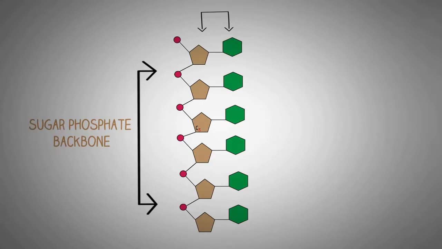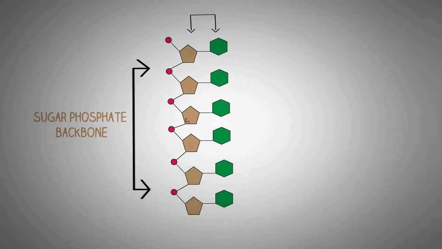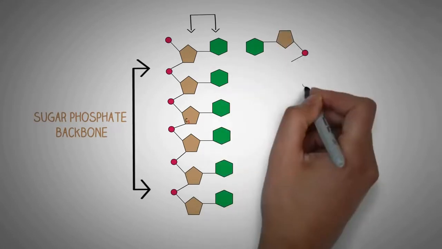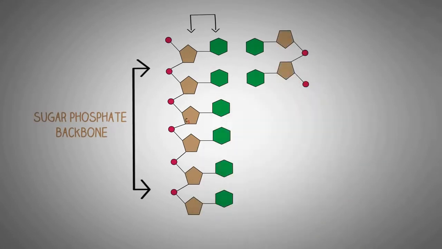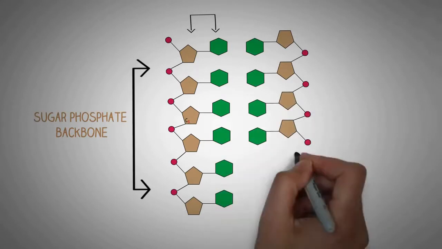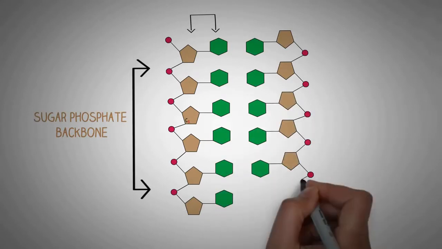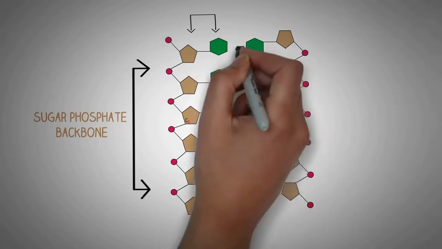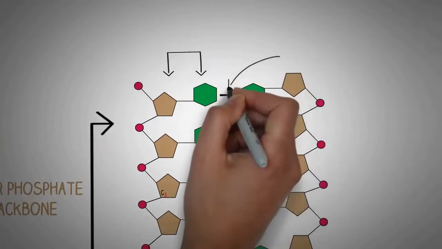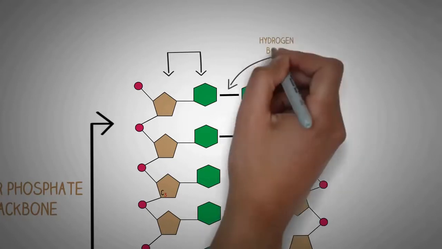Now this can be an example of RNA if the sugar present in this example is a ribose sugar. But if we take a similar strand of polynucleotide and run it in the opposite direction, and this strand binds with the original strand through hydrogen bonds, now here comes the role of complementary base pairing.